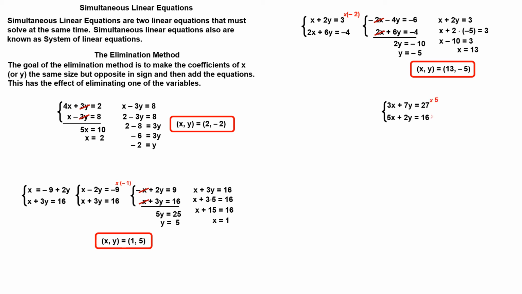Multiply the top equation by 5 and multiply the bottom equation by minus 3. So we can cancel the x's. Now solve for y.